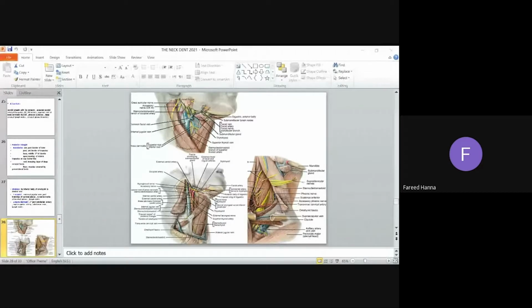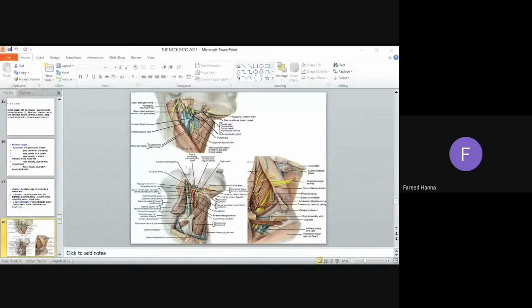Next we have, below, the carotid triangle bounded by the anterior border of sternocleidomastoid and the superior belly of omohyoid. And this is the carotid sheath that has been opened. It contains the internal jugular vein, the external carotid artery, the internal carotid artery and the common carotid artery. Between and behind them lies the vagus nerve.